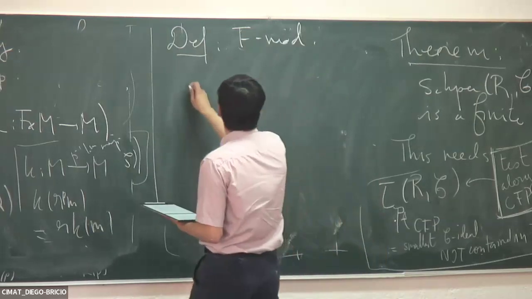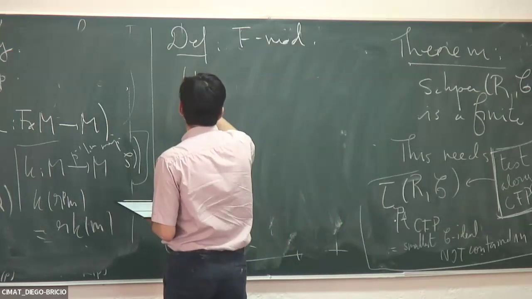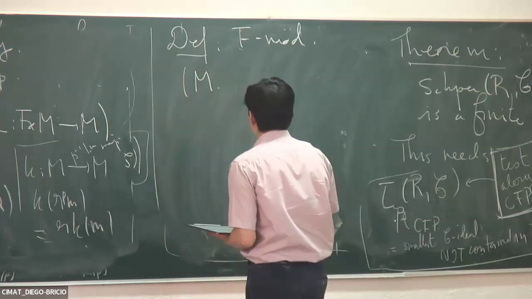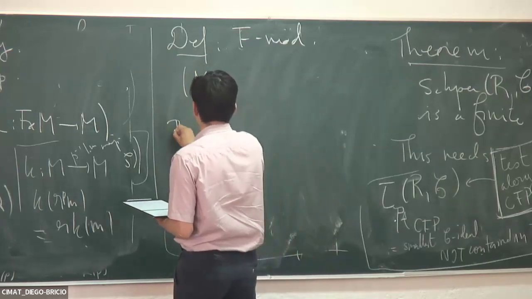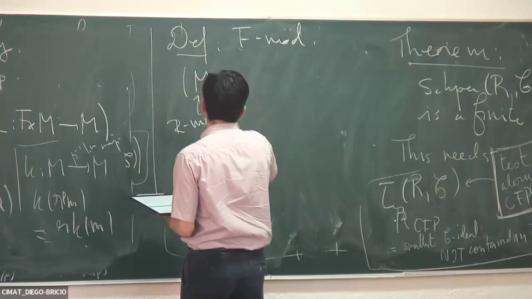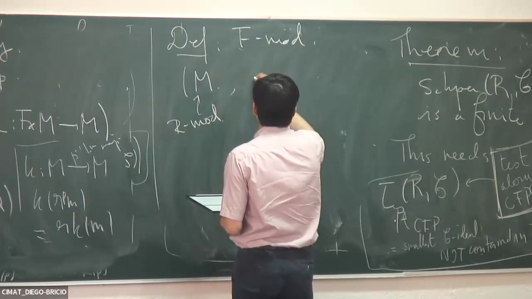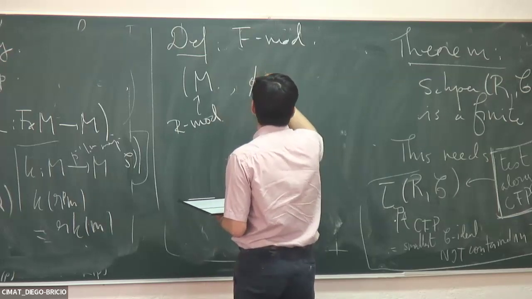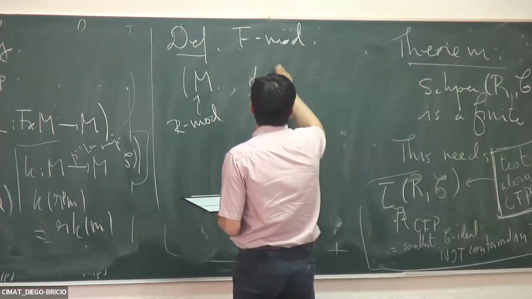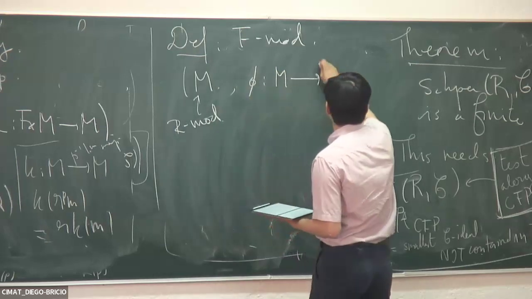An F-module is going to be an R-module, and we're going to have a map I'm going to call phi that goes from here to here.